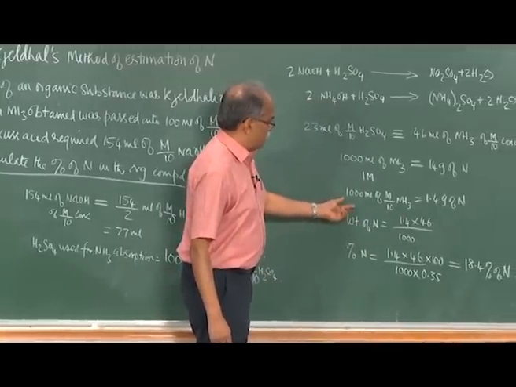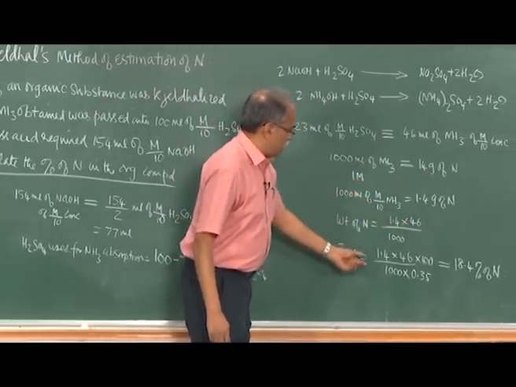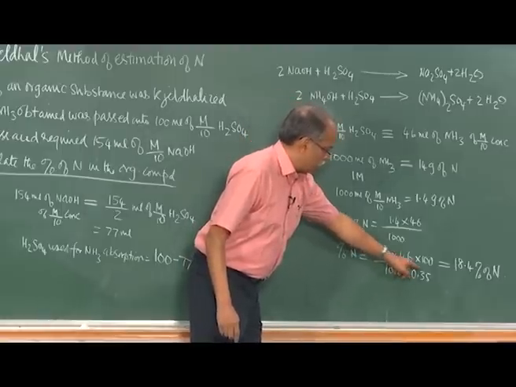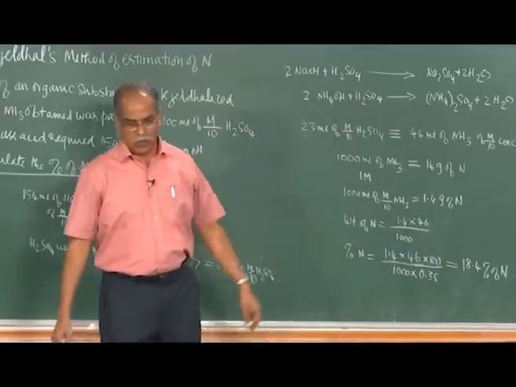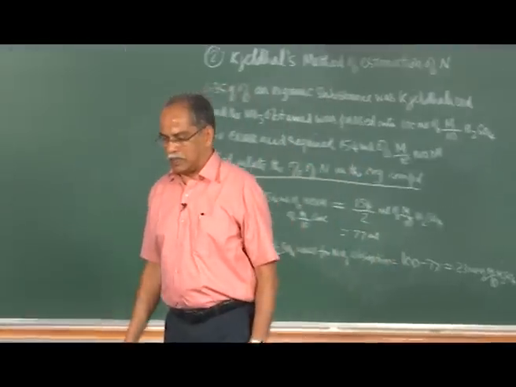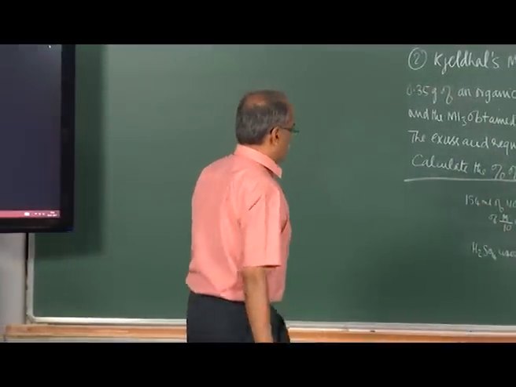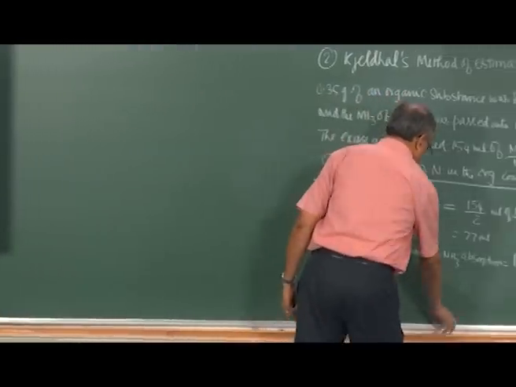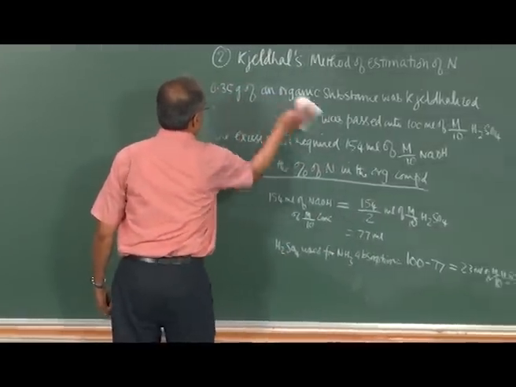So, for 1/10 of the molar solution, it will be 1/10 of the weight, and that is present in the given organic compound. So, percentage weight you need to calculate by multiplying by 100, which gives you the percentage nitrogen present in the organic compound. I hope these two arithmetic examples illustrate the use of the Kjeldahl method for the nitrogen estimation.